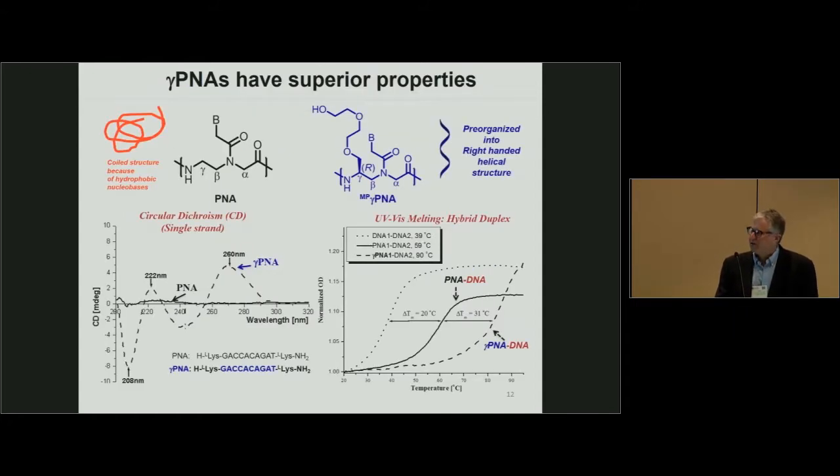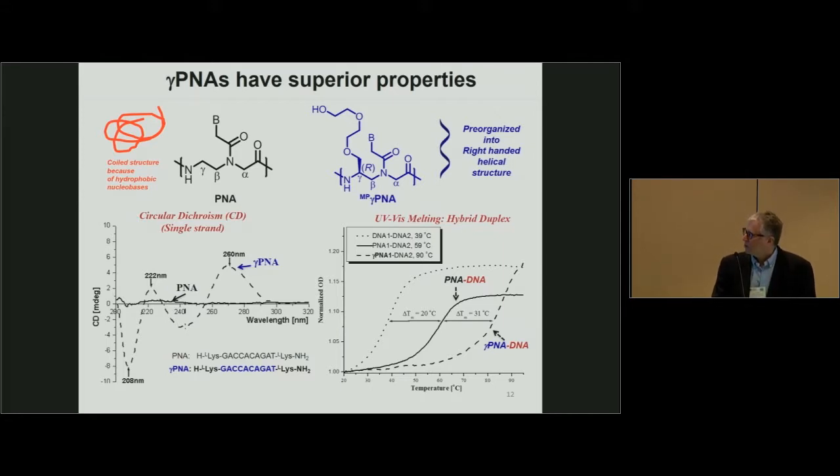If you make these in a stereoregular way, these gamma PNAs have superior properties compared to regular PNAs. So regular PNA, as shown on the left there, you have a disordered hydrophobic molecule. But when you make a gamma PNA, the substitution forces the molecule into a pre-organized right-handed helical structure, which is just right for binding to RNA or DNA.